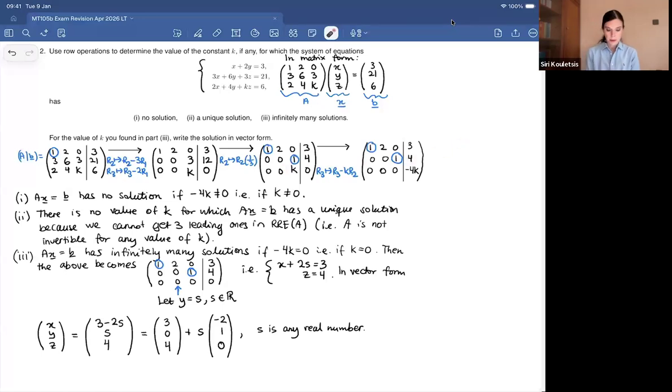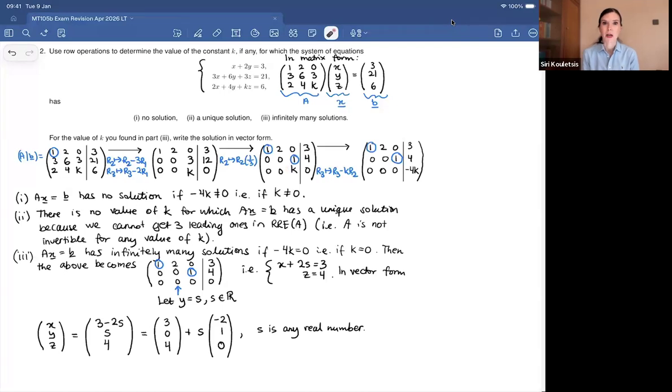And so we are basically changing the equations. Well, we didn't change equation 1, but equation 2 changed entirely and just became z equals 4, right? And then the third equation depended on the value of k.